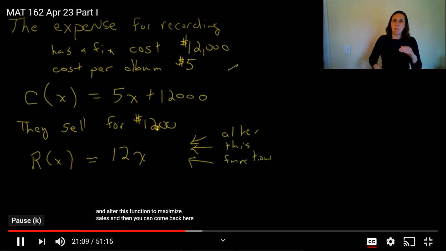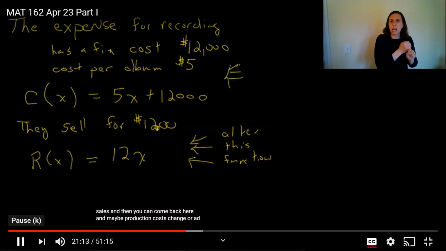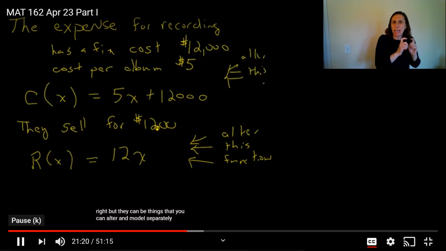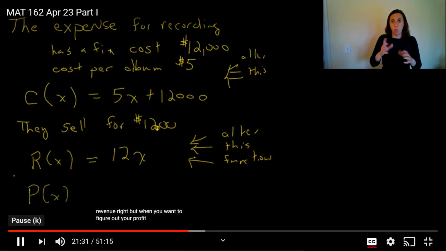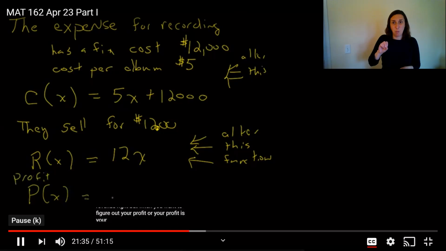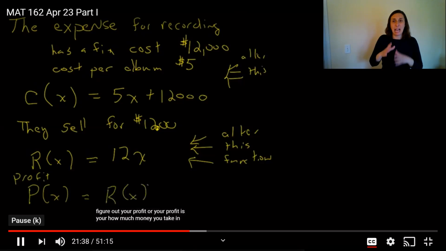And then you can come back here and maybe production costs change, or ad campaigns change. You can alter this, right? But they can be things that you can alter and model separately to try to get the least cost and the highest revenue, right? But when you want to figure out your profit, well, your profit is how much money you take in minus how much money you spend.